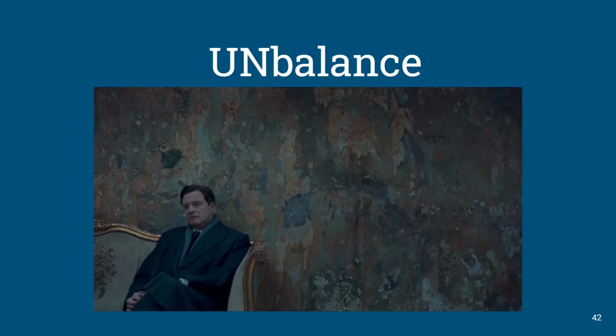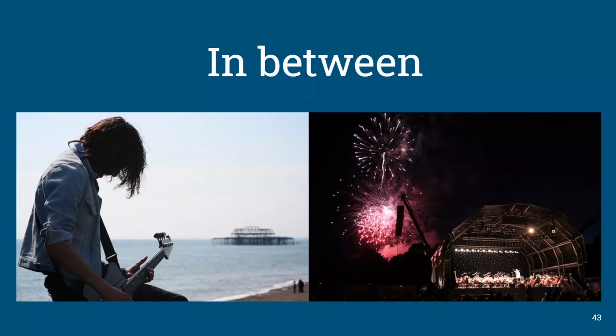I don't want to give too much away if you haven't seen it, because it's worth a watch, but we can see how this unbalance in the shot really helps set the tone for what's going on with the king inside his head. There's an unbalance with him, so we show that visually to help communicate what's going on internally.